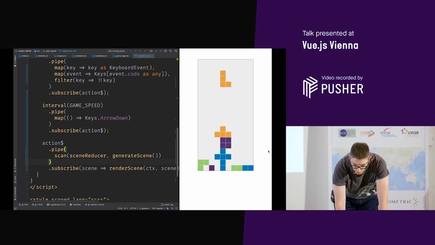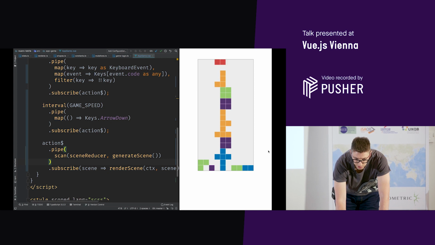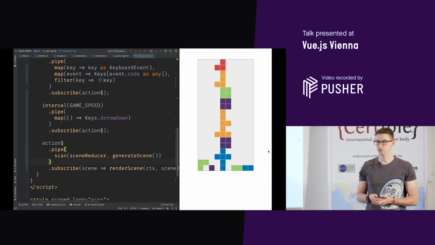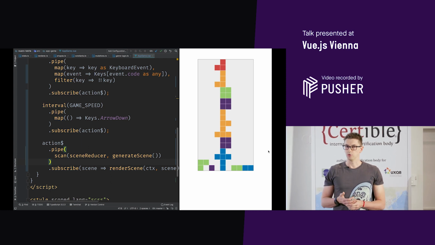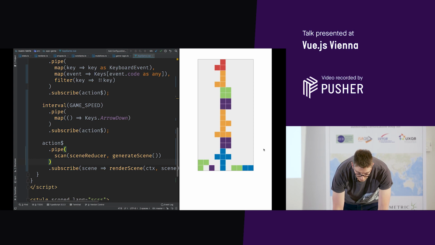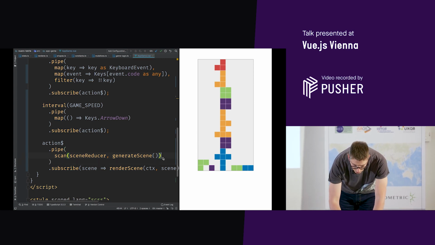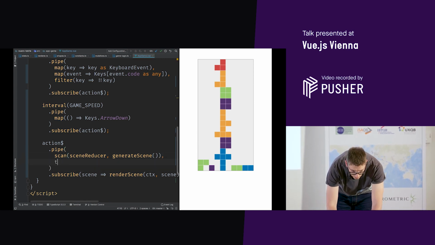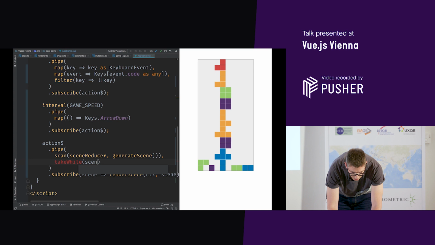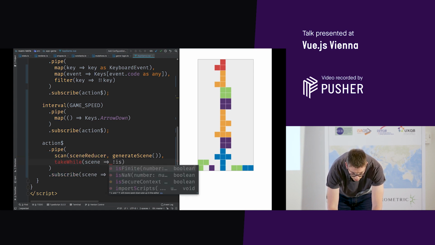So we showed now when the game changes, how do we generate a new scene, but we still haven't told it how to handle game over. So what we want is we don't want to calculate the new scene endlessly. We want to do it only until our scene is not in game over state.